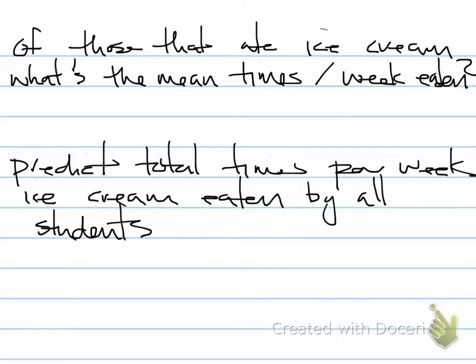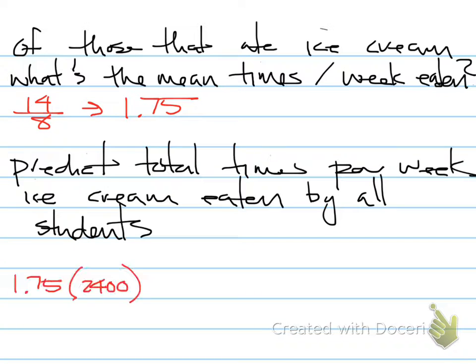If we add up the number of times per week that each of the 8 students that said they ate ice cream ate it, we get 14. And again, there were 8 subjects. So that would give us 1.75 times per week. That would be the average number of times per week that ice cream was eaten.